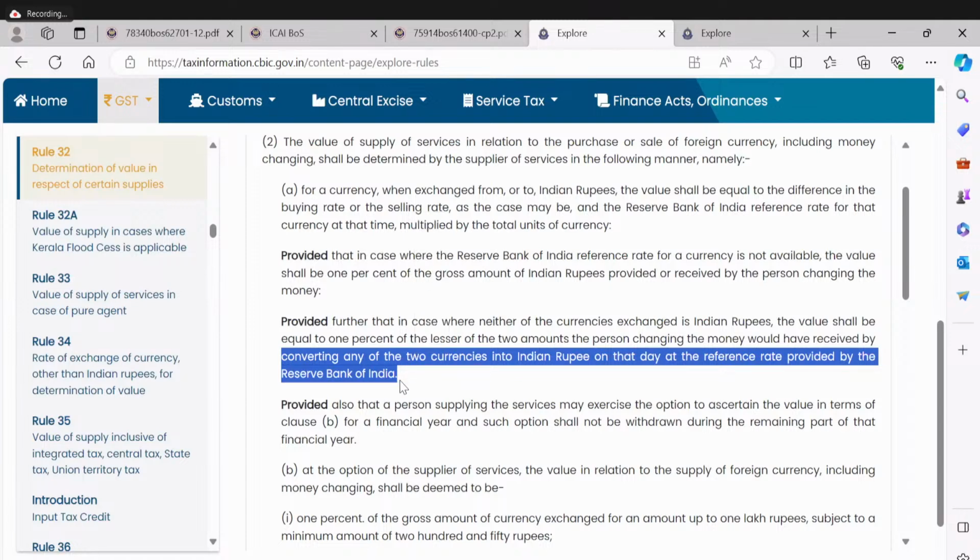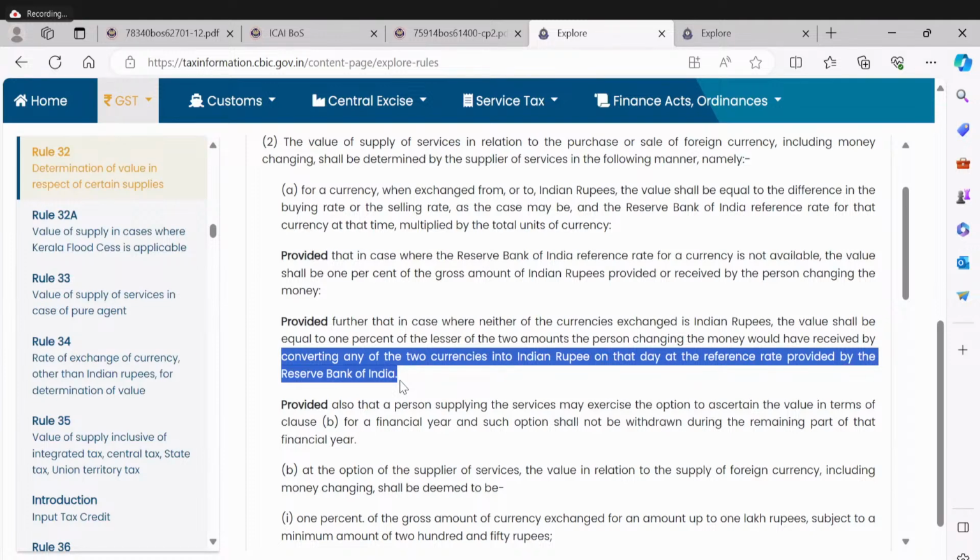Now, in this case also, the RBI reference rate would come into play. We will take each of the two currencies separately and determine the amount that person would have got, though he has not converted any of the currency into Indian rupees. But whatever amount that person would have got had he changed his foreign currency into Indian rupees by applying the RBI reference rate.